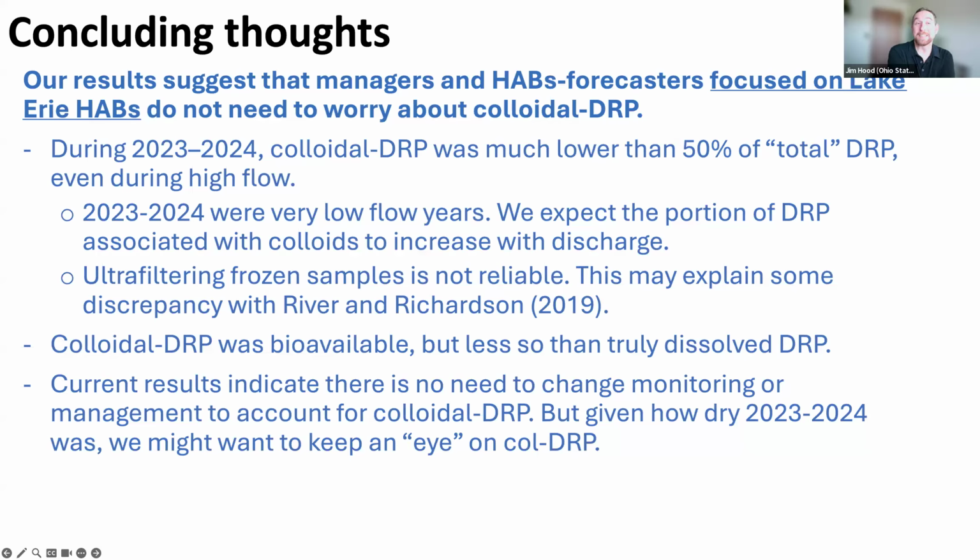To be honest, we came into this project expecting a lot of colloids. And as you can kind of see from this talk, we worked hard to convince ourselves that there weren't a lot.